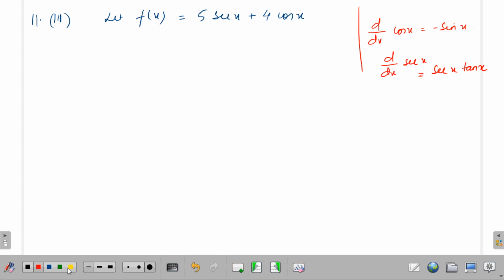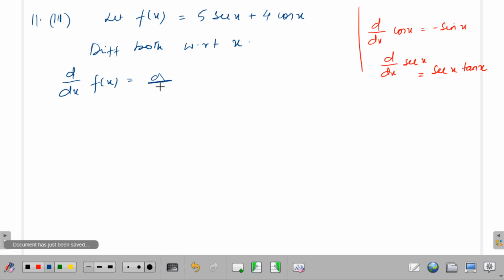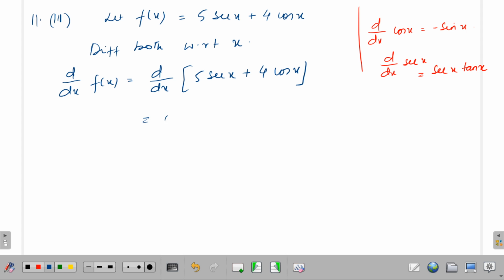Okay, so again the same thing I'm going to do over here is differentiating both with respect to x. So if you differentiate both with respect to x, we get d/dx of f(x), and I got this one to be d/dx of 5 sec x plus 4 cos x. Now 5 is constant, so d/dx of sec x, and similarly 4 is constant and d/dx of cos x.